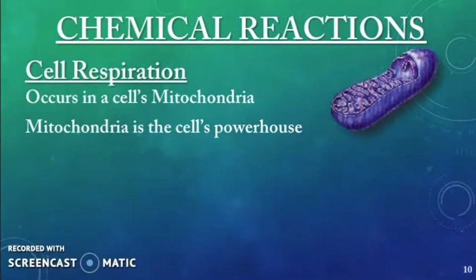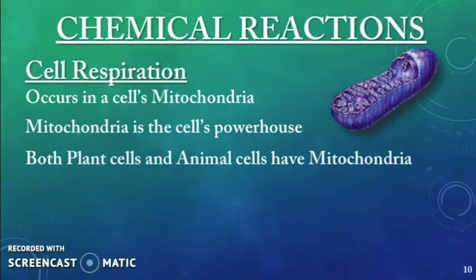A lot of times people will say that the mitochondria is the cell's powerhouse. And then this is something that I didn't know as well, is that both plant cells and animal cells have mitochondria because plants need to grow as well as do animals. So they need energy and the ability to grow, and to move and all that stuff. So plants and animal cells both have mitochondria.